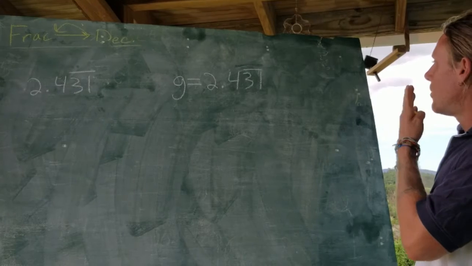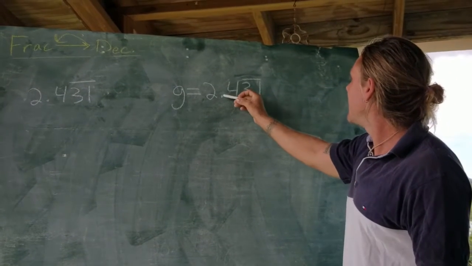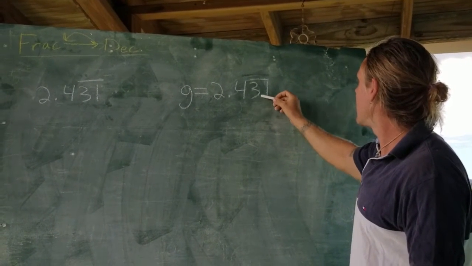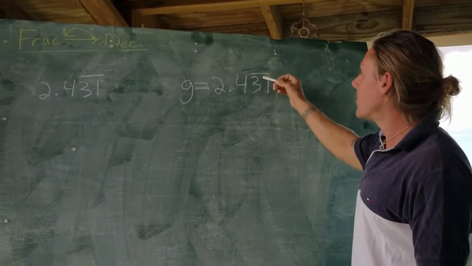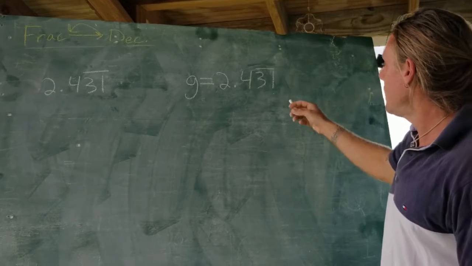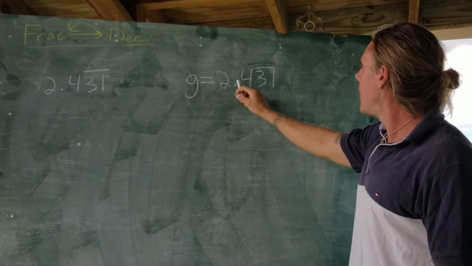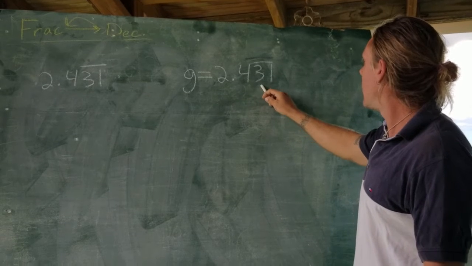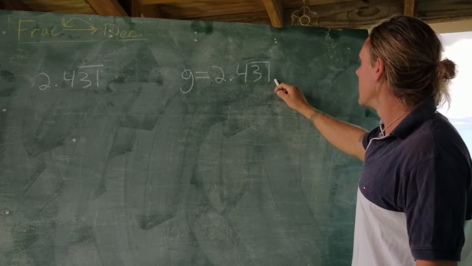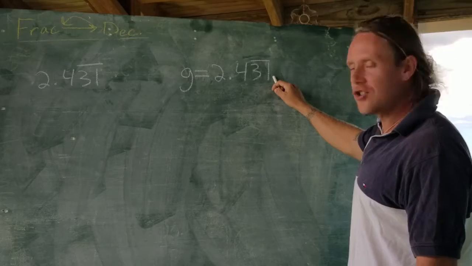Okay, so what we've been noticing is if we can move the decimal to the right of the repeating portion of the number, we've had success. So I think we can do that here. If we multiply this particular number by 10, 100, 1,000, that should help us, right?